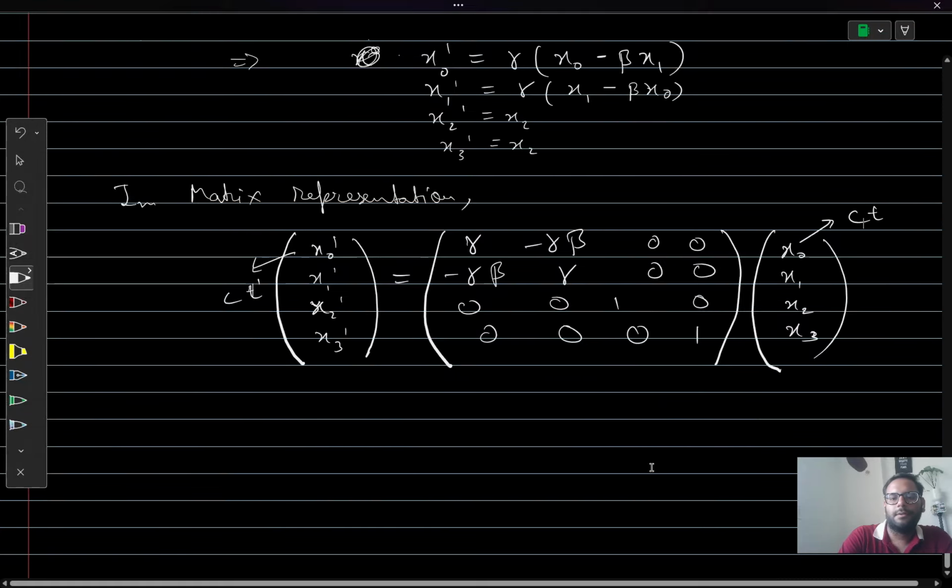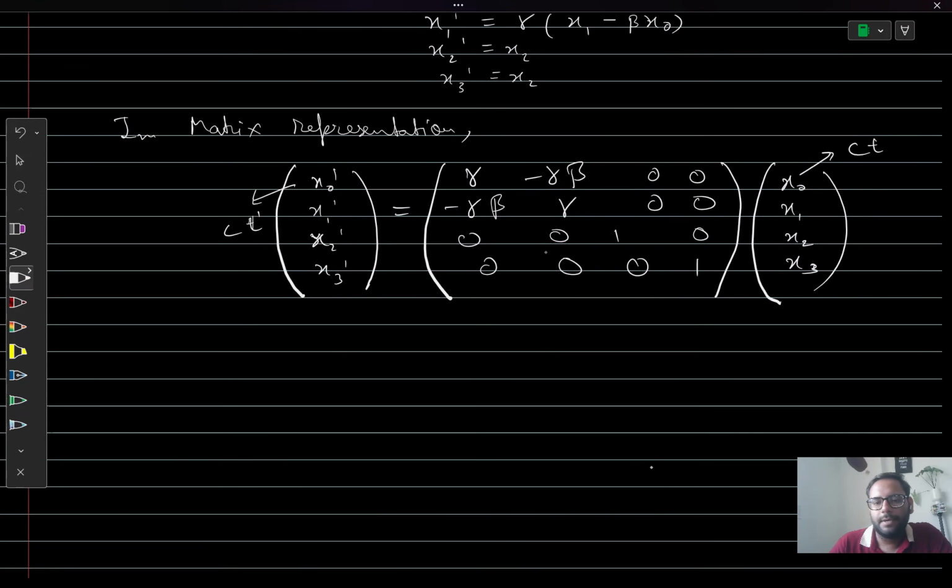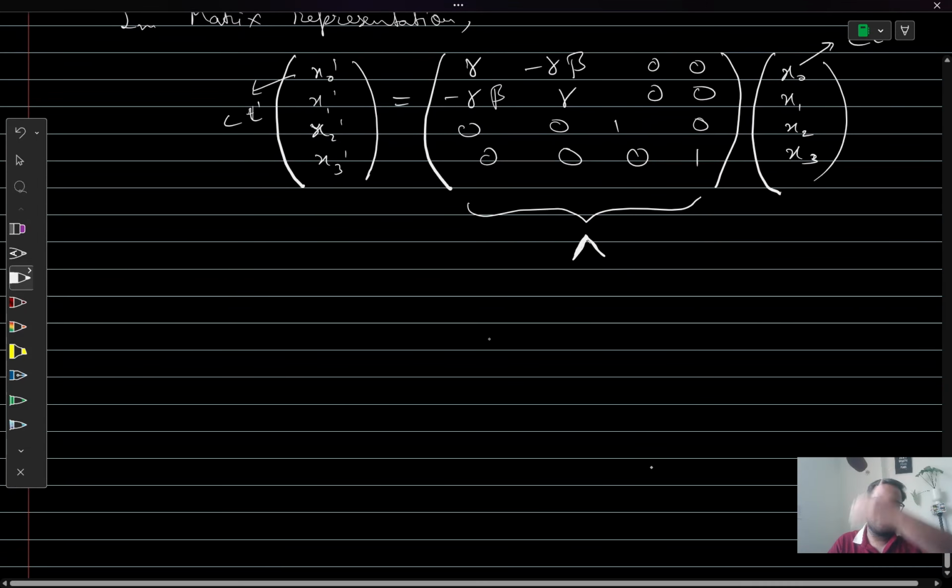Just as we did in the Galilean transformation, I denote it by a lambda. This is a defined, standard notation for Lorentz transformations; in the standard books you will find it.